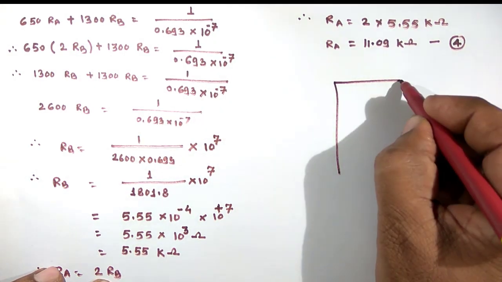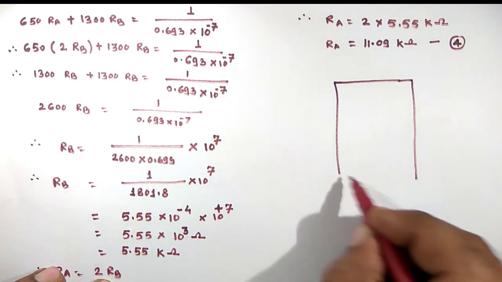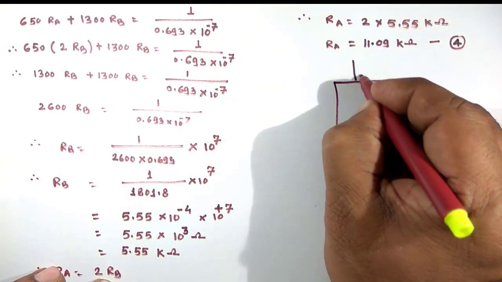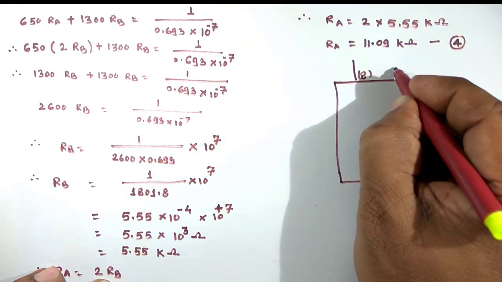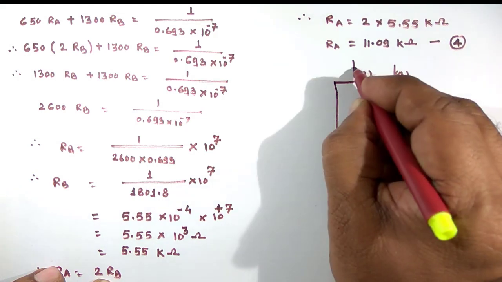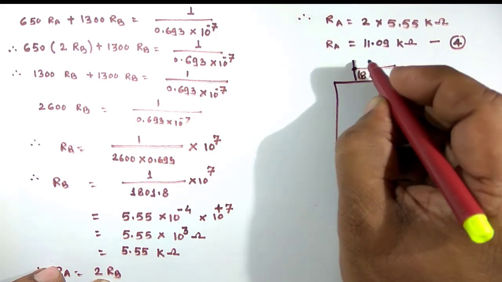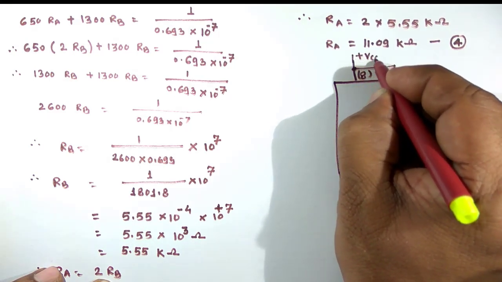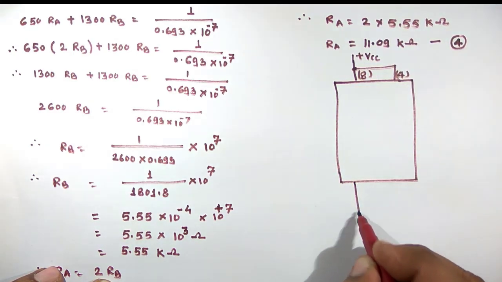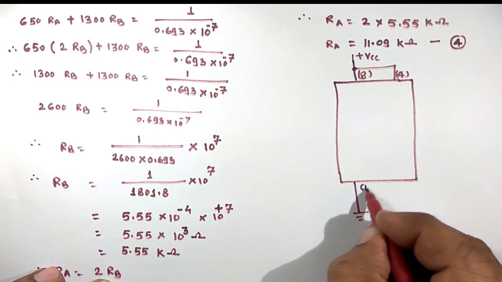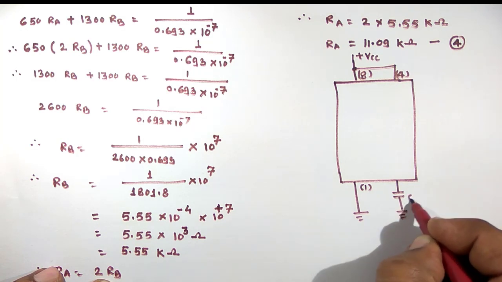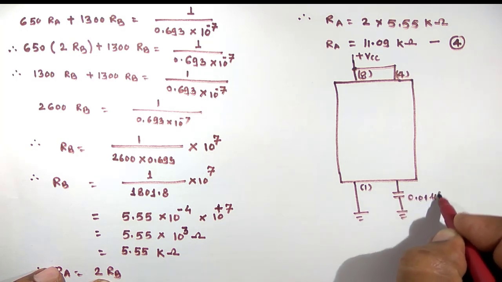So this is the circuit diagram for IC555 as an astable multivibrator. This is pin number 8 and this is pin number 4. Pin number 4 is connected to pin number 8, and these are connected to plus VCC. Pin number 1 is grounded. Pin number 5 is grounded through a capacitor of 0.01 microfarad.